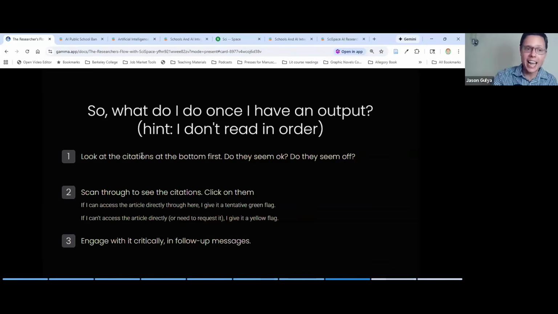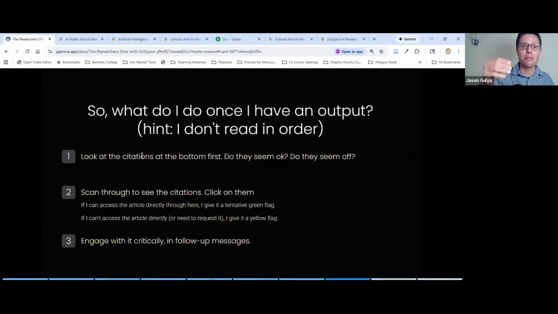If I can't access it directly, this isn't necessarily a bad thing. I give it a yellow flag. And one of the reasons I do that is when we use an AI research tool, we have to try to figure out: sometimes the AI research tool has direct access to that article, the whole thing, and is running it through basically a summary engine. Sometimes it's not.